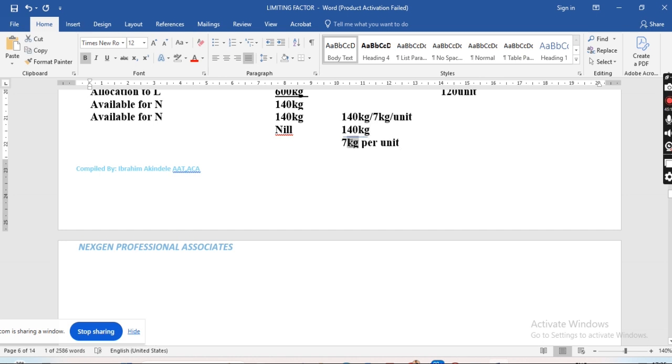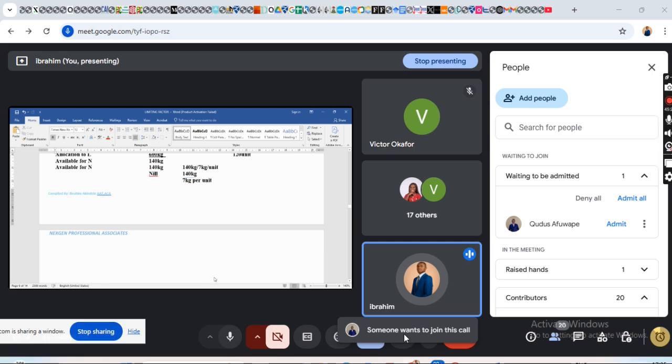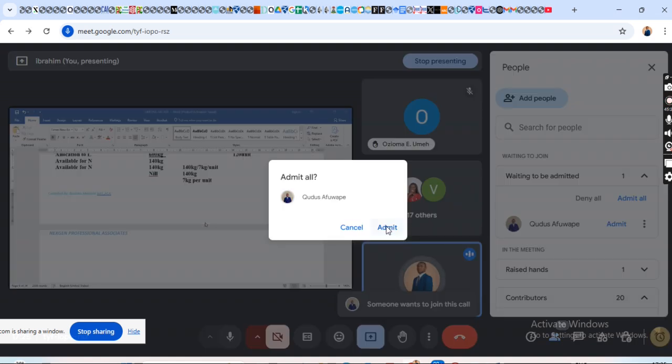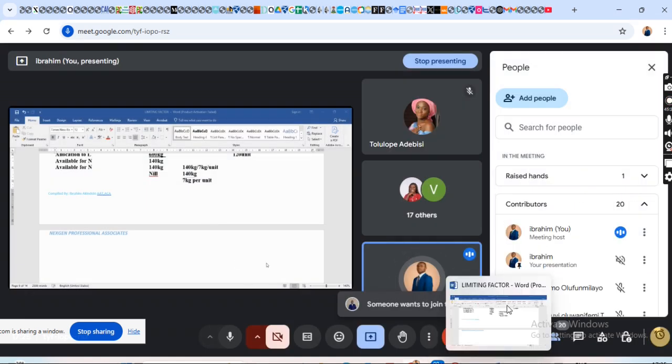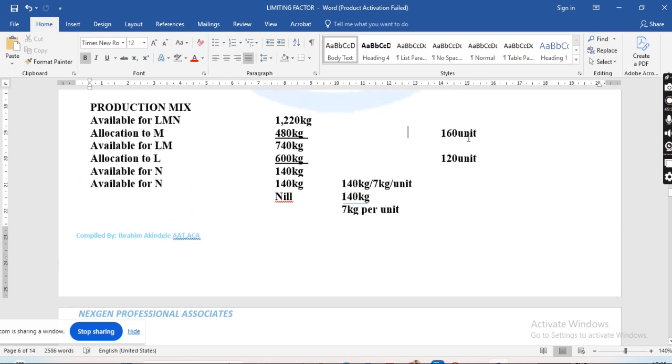You are left with units. What is the unit, class? 20 units. 20 units, right? So that's it.